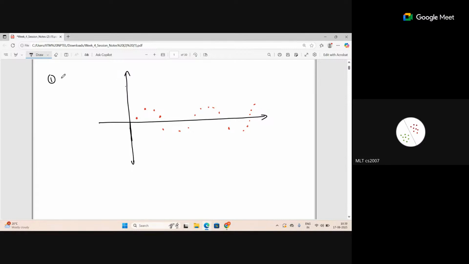One is y equal to 0, and another is y equal to sine of x. What do you think? Which model is better for this kind of data set?